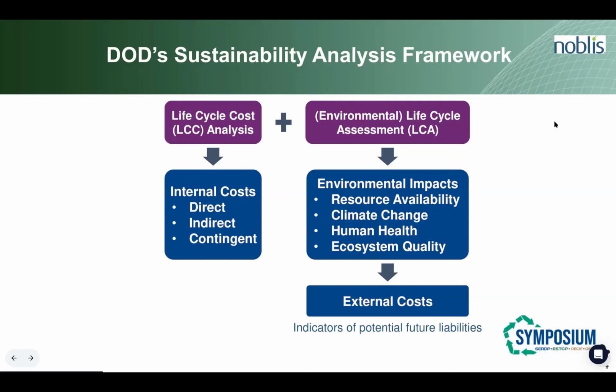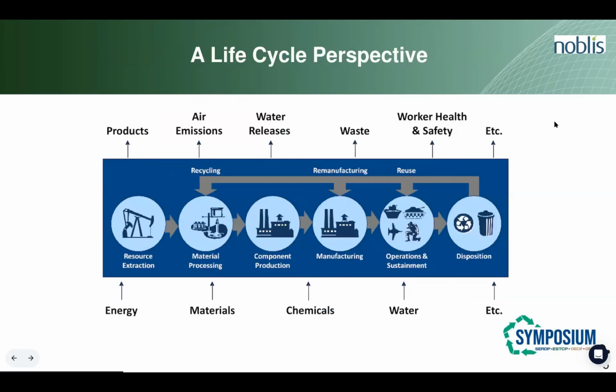Generally, it's two analyses that are conducted together. And there are the internal costs, the contingent costs, environmental impacts, and then those can be translated to external costs. I think we've heard this a good deal already. This is just another visual format.